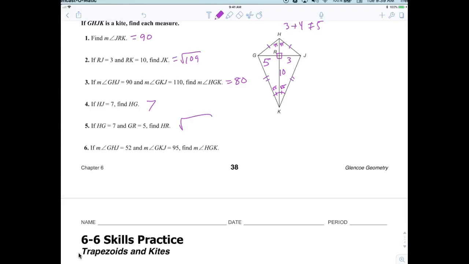Square root of 24, and this one we can break down to 2 radical 6. Come on now. I really want you guys to be good enough to just look at that and say that's radical 24. That's 49 minus 25. 49 minus 25 is 24, because 7 is the hypotenuse.